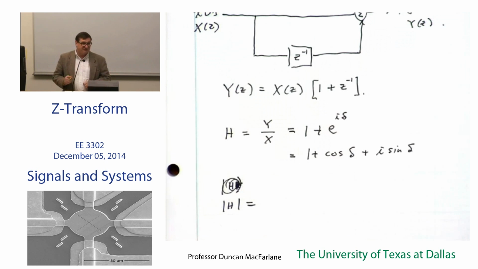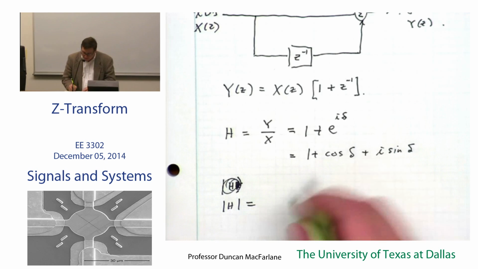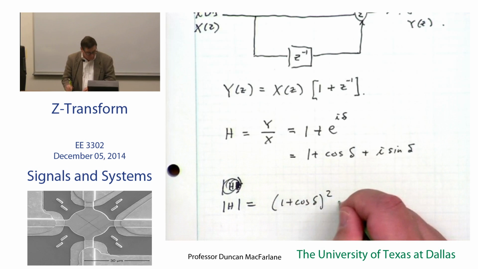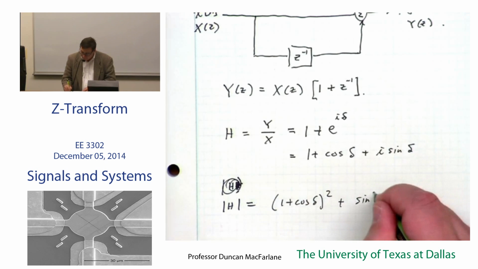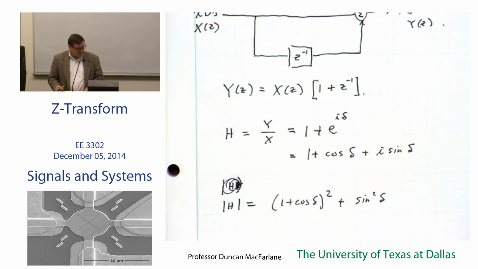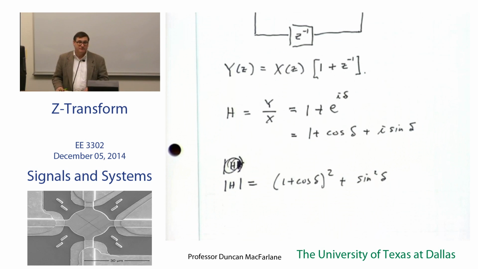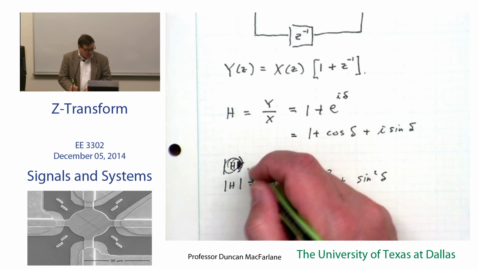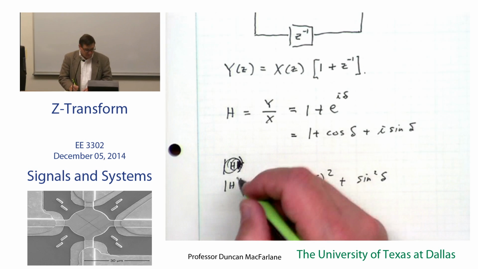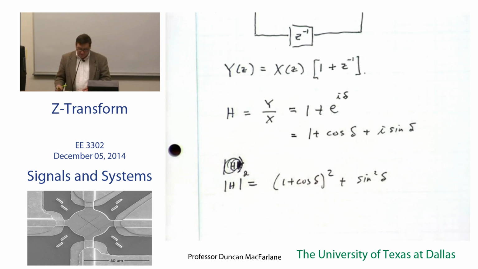It's the same structure. So my magnitude is going to be my real part, 1 plus cosine of delta squared, plus sine squared of delta. That's the imaginary part squared. And I'll go ahead and just, let's see, that's going to be del squared, because I should square root that.